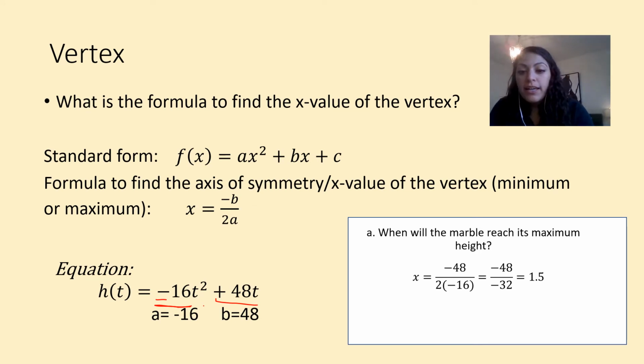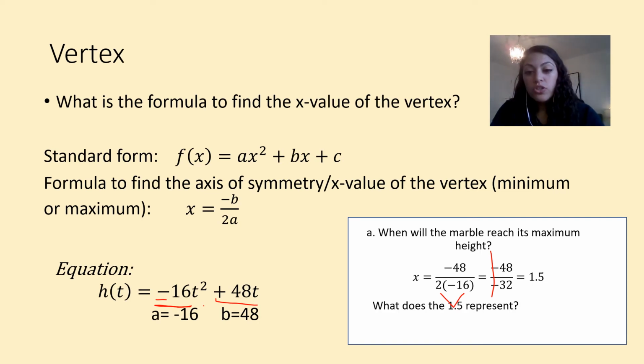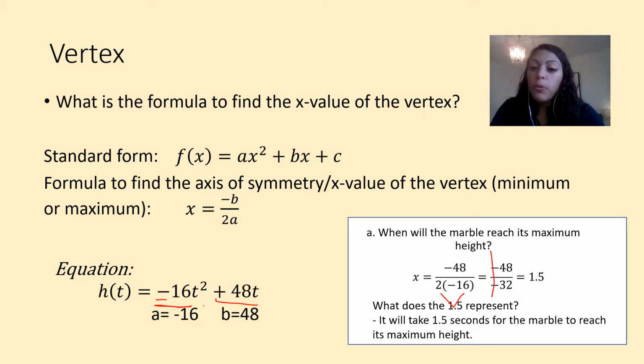When I multiply 2 times negative 16, I get negative 32. The negatives cancel, right? A negative divided by a negative is a positive, and we get 1.5. So what does this 1.5 represent? It will take 1.5 seconds for the marble to reach its maximum height.